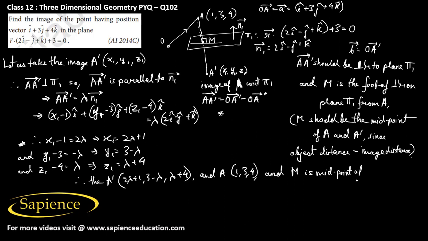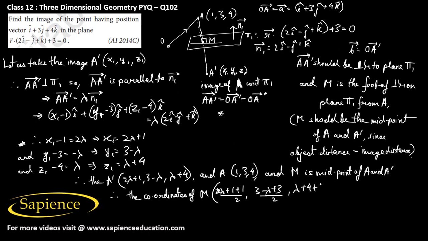M is the midpoint of A and A dash. So the coordinates of the midpoint M will be (x1 plus x2) by 2, which is (2 lambda plus 1 plus 1) by 2, comma (3 minus lambda plus 3) by 2, comma (lambda plus 4) by 2.